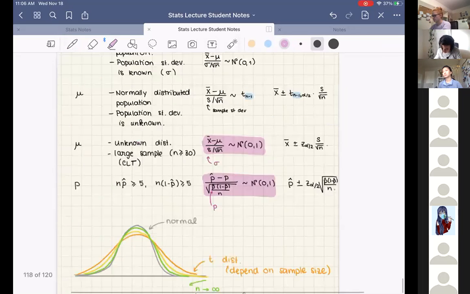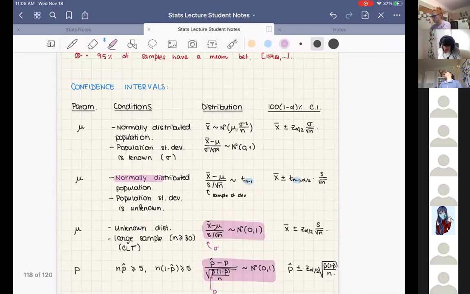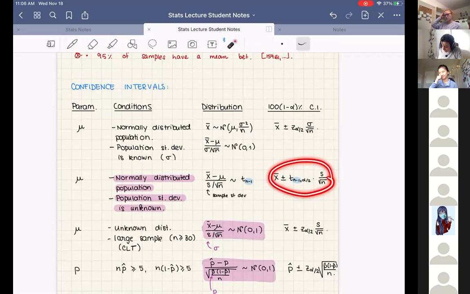Let me go back to what we have here. We have a normally distributed population, that's a check, and then we have that the population standard deviation is unknown because we are only given the sample standard deviation. This means that I'm going to have to use this formula in order to evaluate the confidence interval here, right?